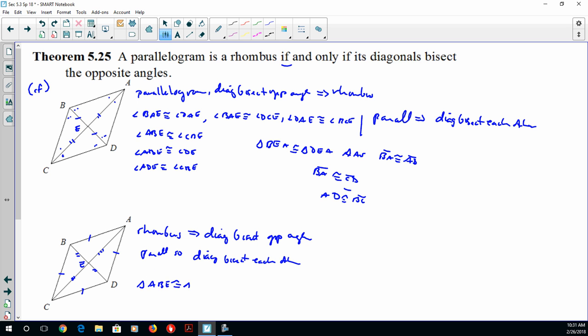So angle BAE is congruent to angle DAE. And similarly, you get these the same, so that splits that one, and vice versa. These are the same, those are the same, so on. So opposite.